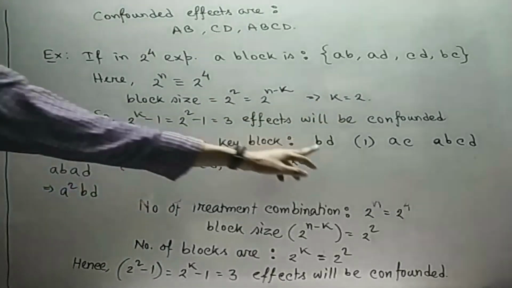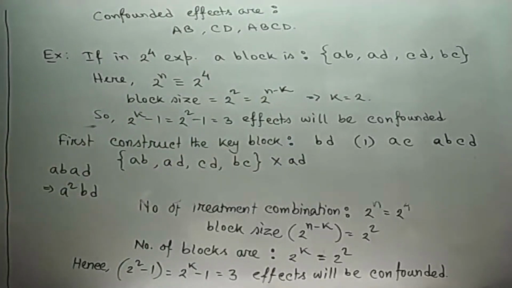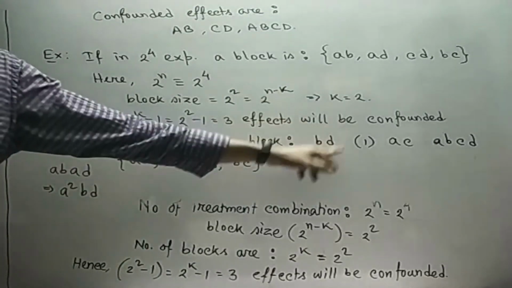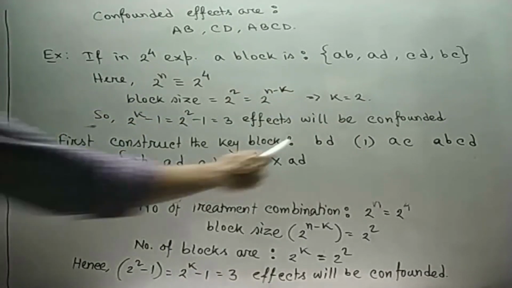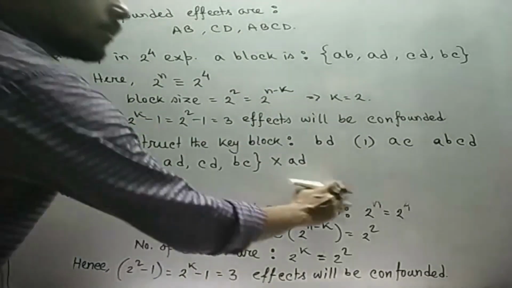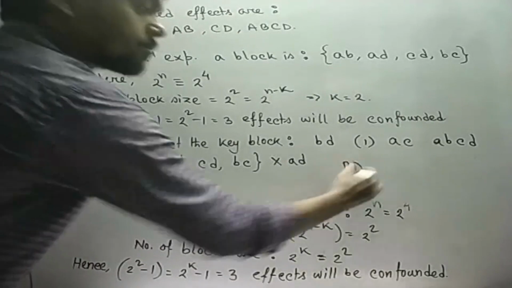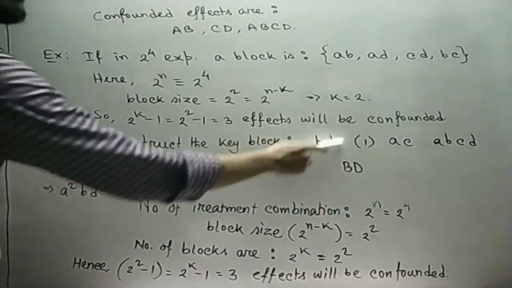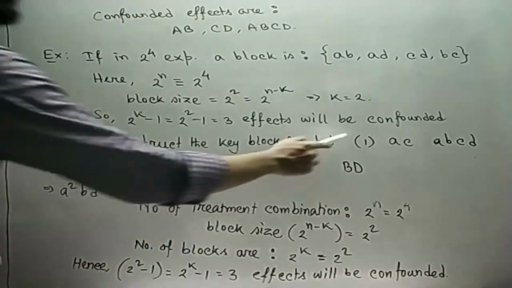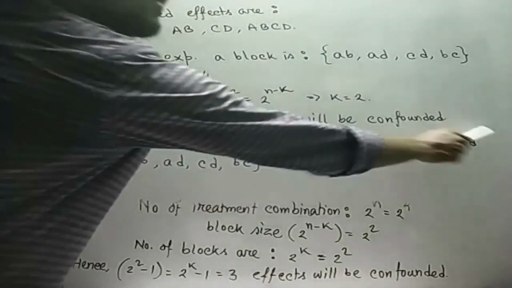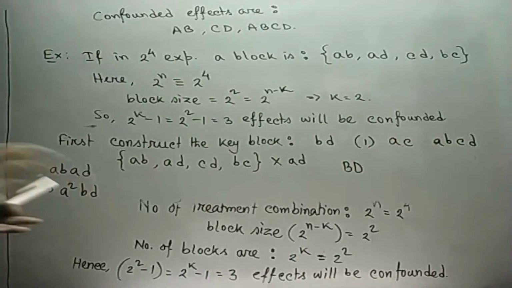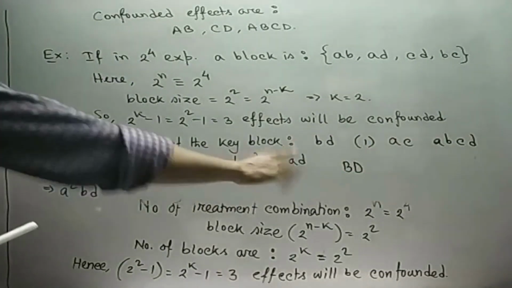Now we have to check which treatment combination has an even number of common members, or no common members, with the key block. If we choose BD, BD has an even number of common members with this, no common member with this, no common member with this, and an even number of common members with this. So BD must be confounded.